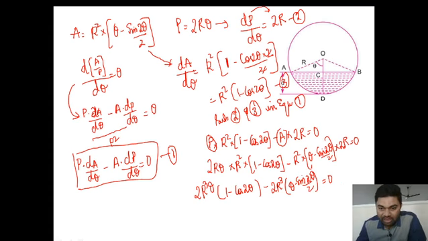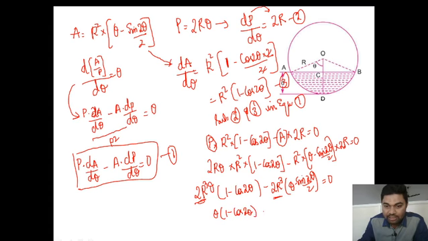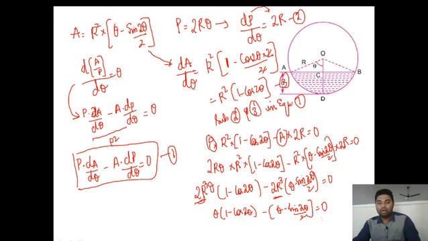Here 2r cube can be taken as common and sent to the other side, so it becomes 0. θ into (1 minus cos 2θ) minus (θ minus sin 2θ by 2) is equal to 0 by 2r cube, which becomes 0 itself.